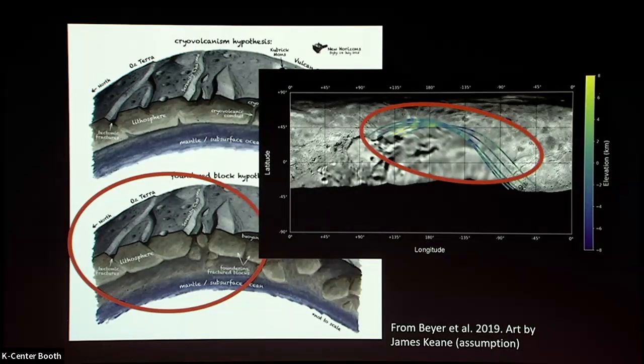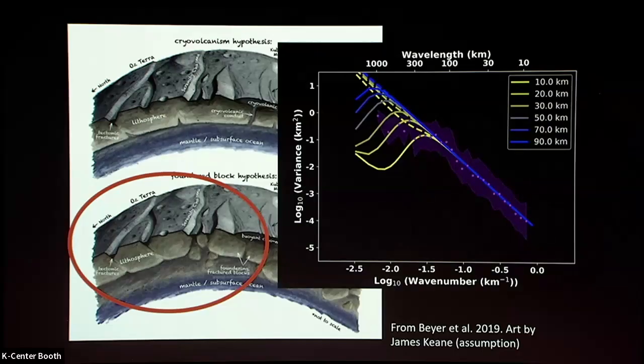Because what is sampled mostly by these limb profiles is a lot of Oz Terra. A lot of that very broken up, large crustal blocks, a bit of extensional tectonics going on. I feel like there's something there that I just don't know how to put together as one solid story, and I would love to get some input on that.